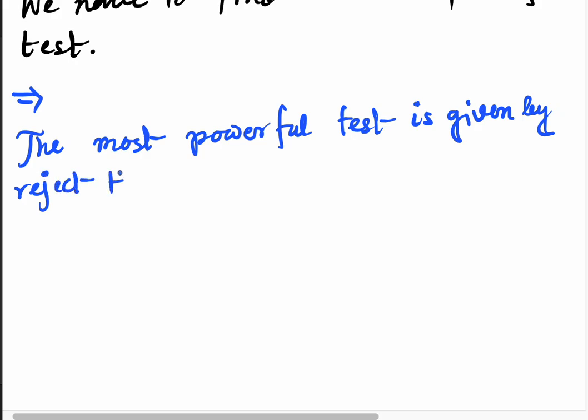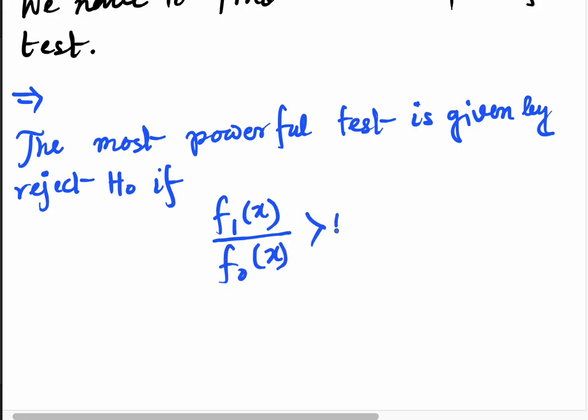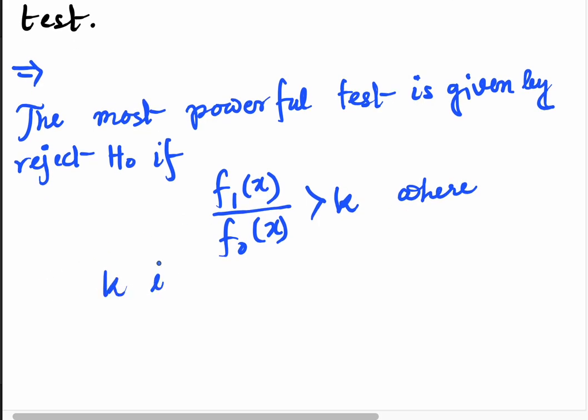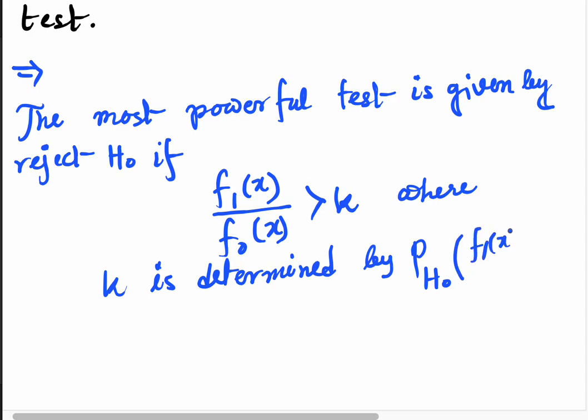reject H0 if f1(x)/f0(x) is greater than k, where k is determined by the probability that under H0 this is, since this states that if it is true we'll reject the hypothesis, equal to alpha, so this will be the type 1 error.